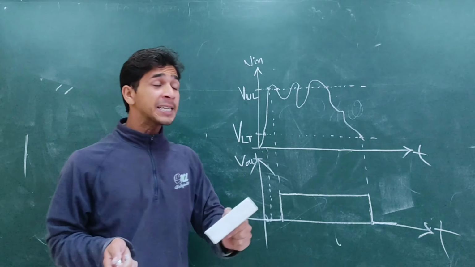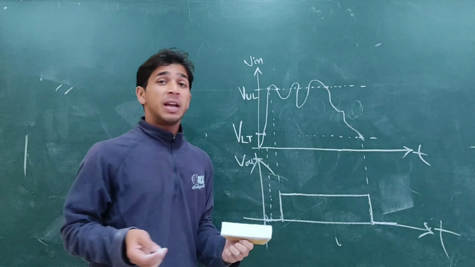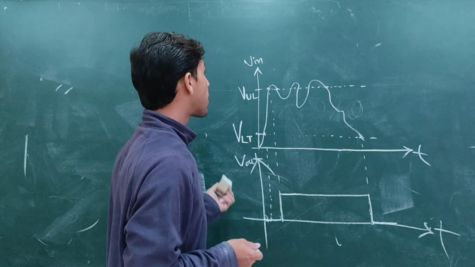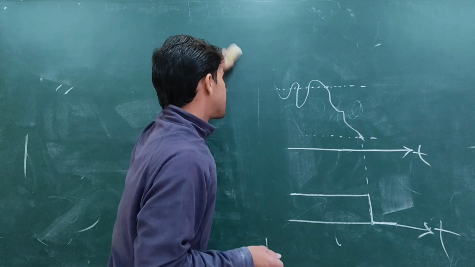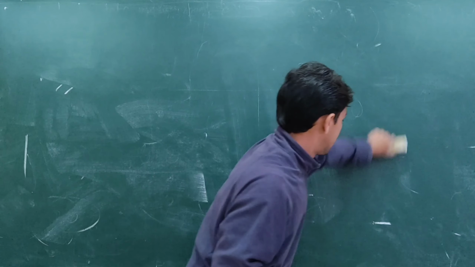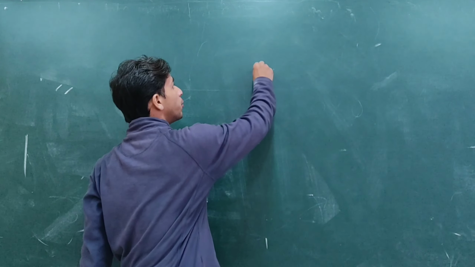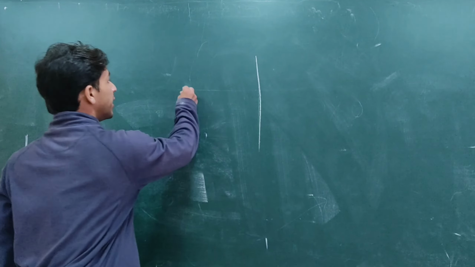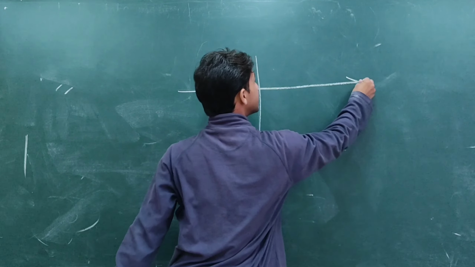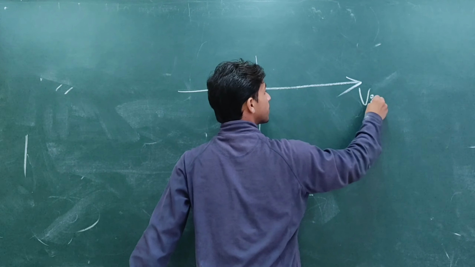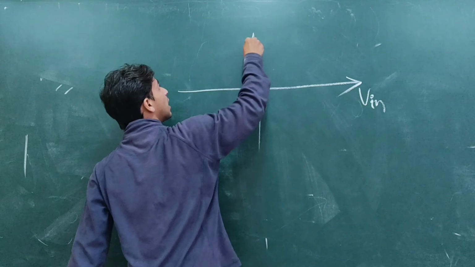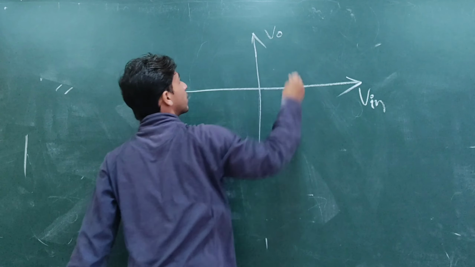Now let's draw the characteristic curve, or the hysteresis curve, for a non-inverting Schmitt trigger circuit. For the hysteresis curve, you have to draw the input and output axes like this. This axis is our input axis and this is the output axis, VO.